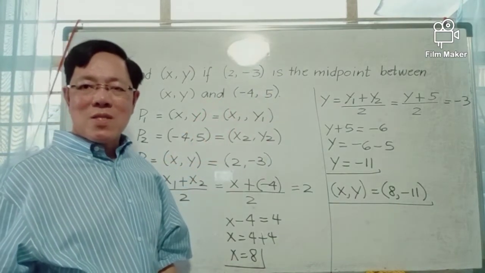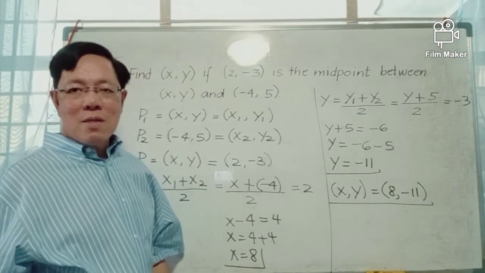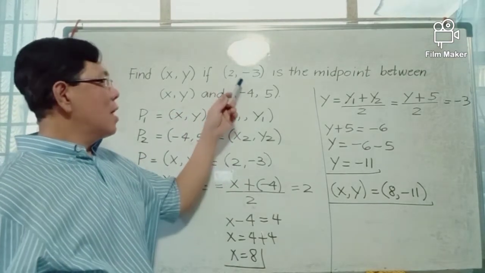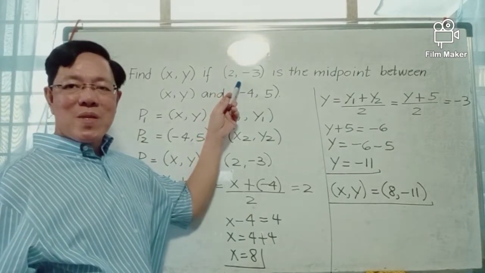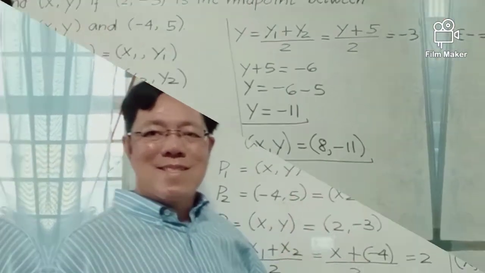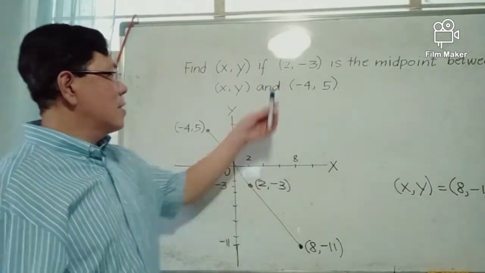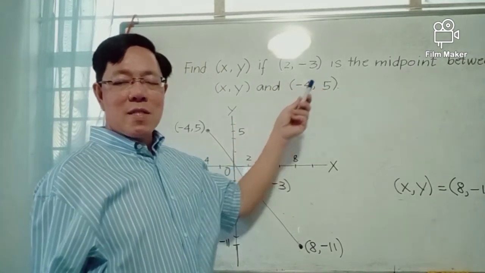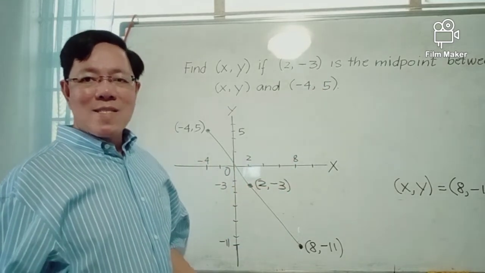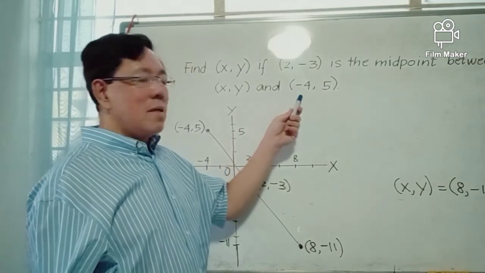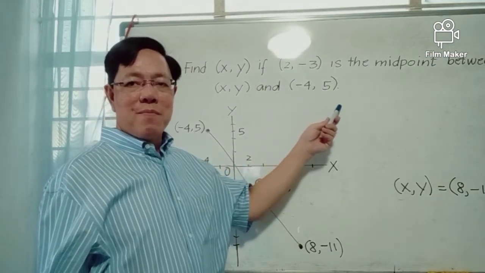We will now construct the graph that will show these two endpoints of the line segment and the midpoint 2, negative 3. We now draw the graph to show that 2, negative 3 is the midpoint of the line segment through the points xy and negative 4, 5.